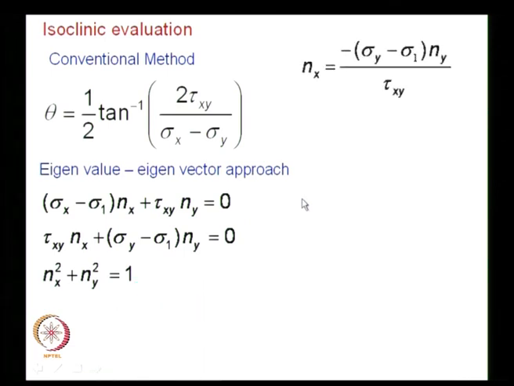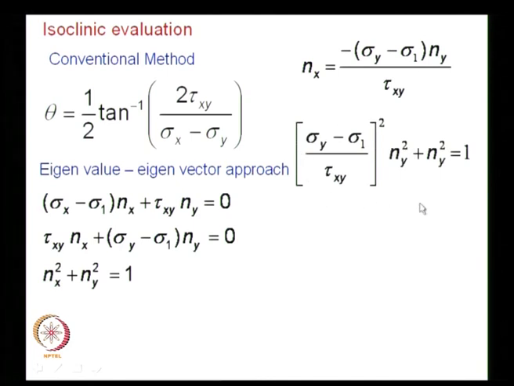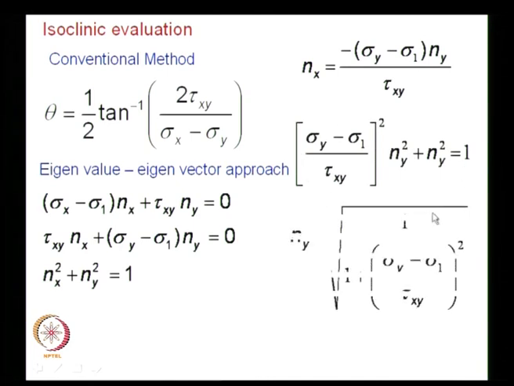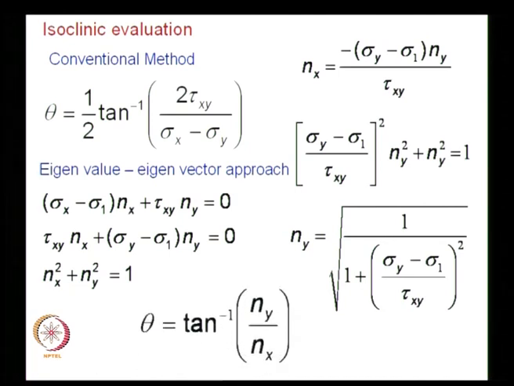So, when I do that, it is possible for me to find out nx and ny from simple arithmetic, and you need to know that this has to be posed as an eigenvalue eigenvector approach. That is good enough for you to go into the details of it. So, analytically also we need to make special efforts to find this out.